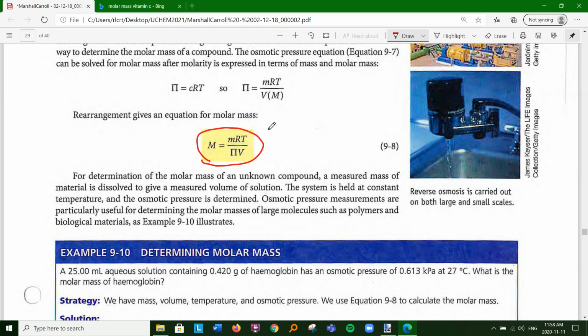So let's try to prove it for a second. Pi is CRT, we know that. And C is moles per liter, right?